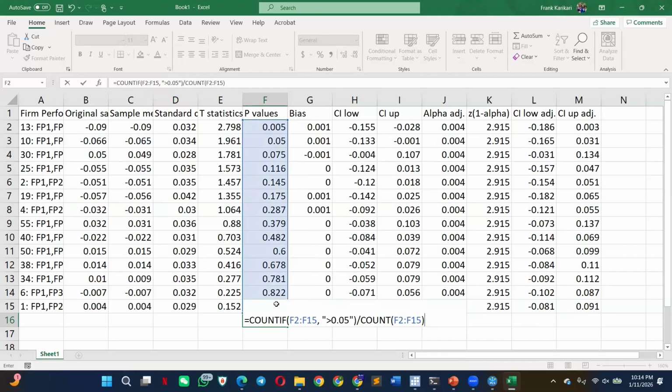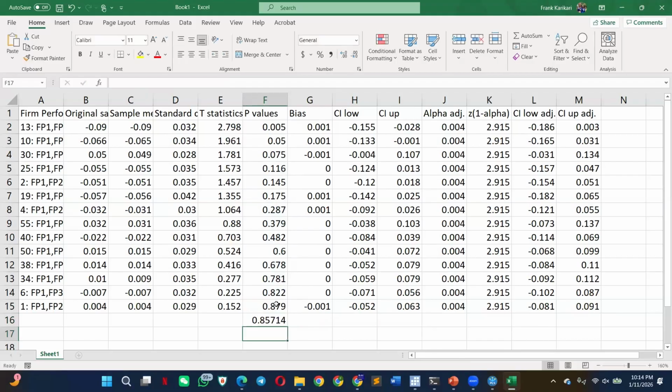So with this one, there's nothing else to do, because you just want to know the number of items in there. We are dividing the COUNTIF, where the values are greater than 0.05, by the total count, F2 to F15. So I have 0.8571 here. It means that about 85% of these values are insignificant.